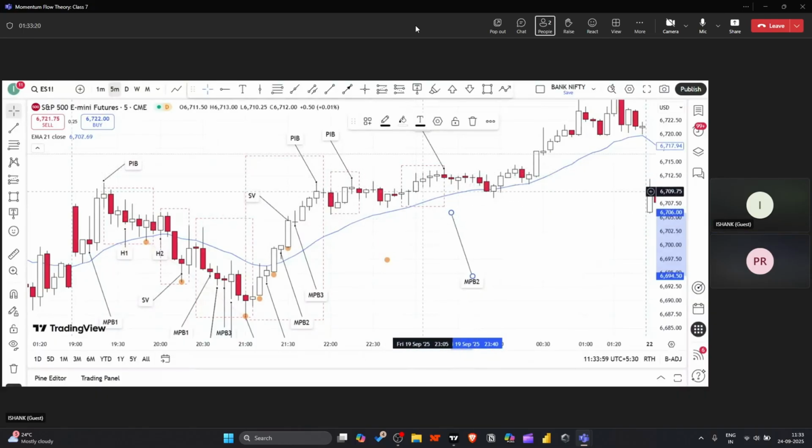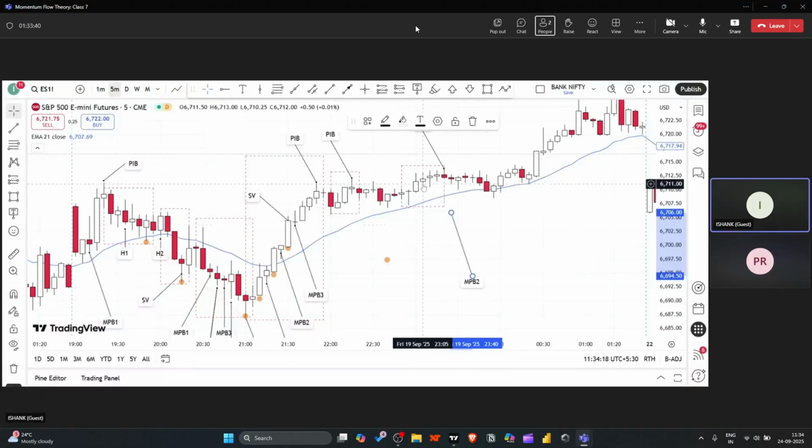We have two MPBs and one PIB. You see here, that high is high. Is this a micro channel or not? That is a micro channel, okay.